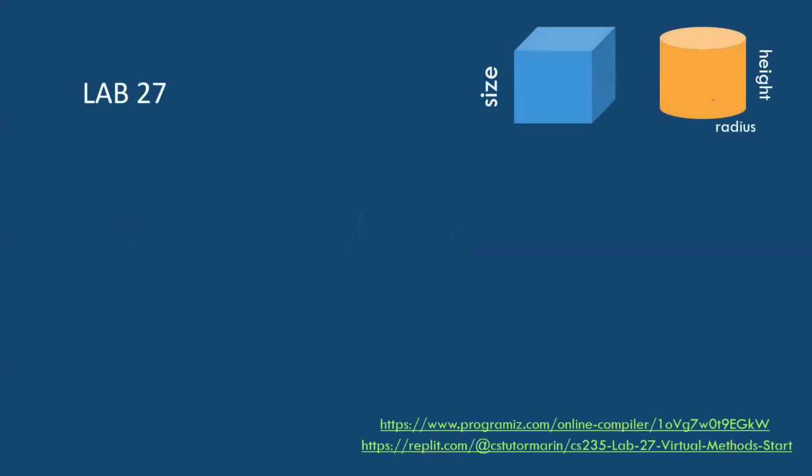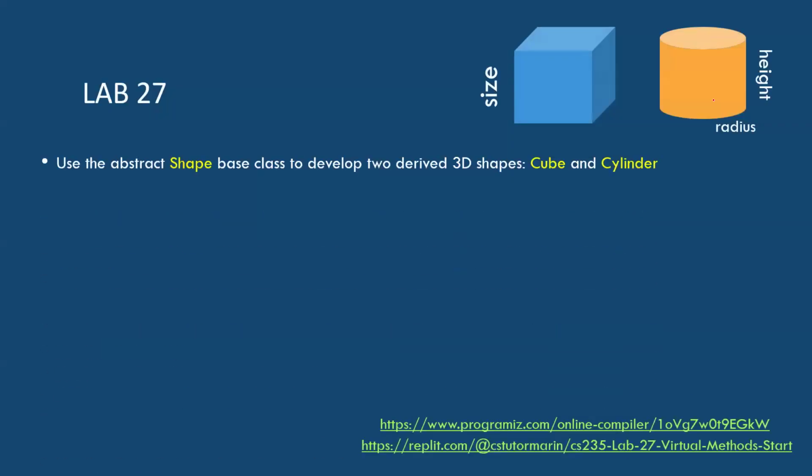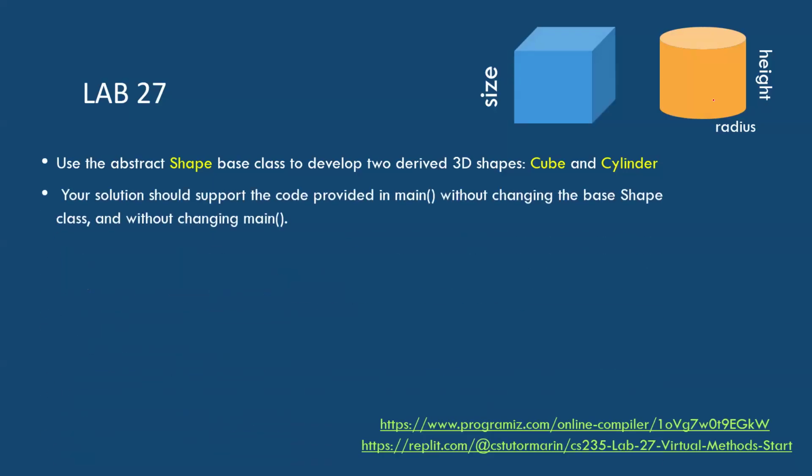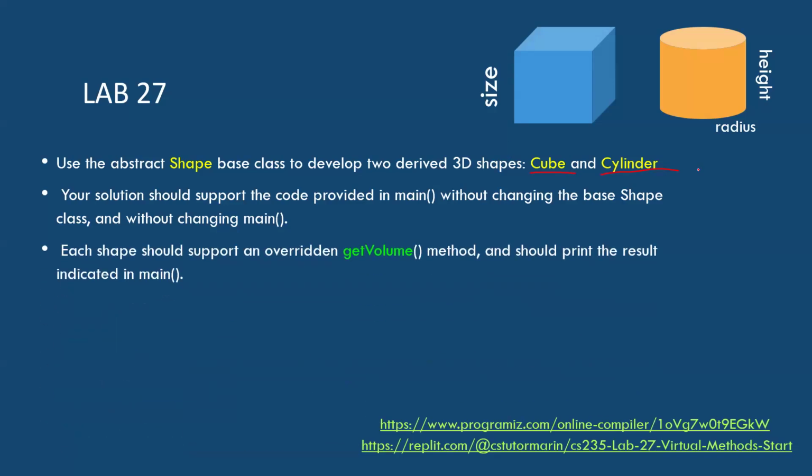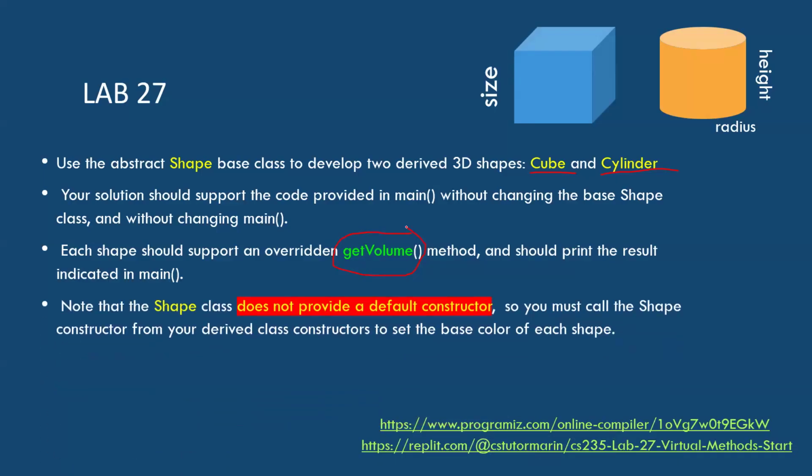But let's take a look at our lab real quick. It's really just about creating a derived cube shape and a cylinder shape, okay? So our shape is our base class, and we're going to create cube and cylinder, okay? So we want to override the base class get volume in a virtual way, okay? And notice that our shape does not provide a default constructor.